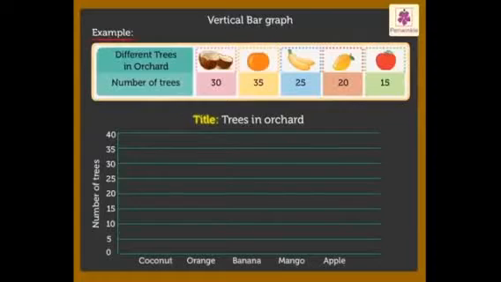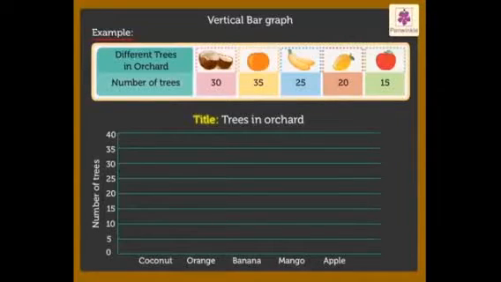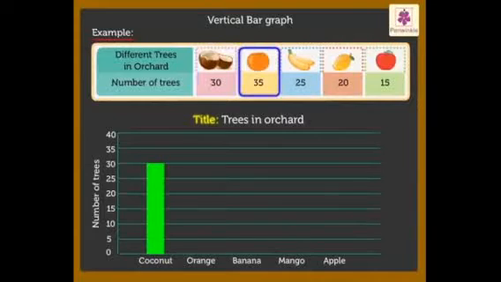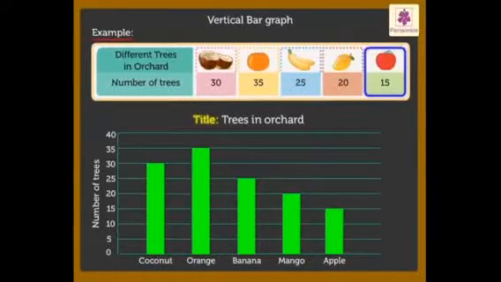Mark the labels on the horizontal axis. The labels represent the objects, etc. Step 5. Draw columns of same width according to the data. Look, we have drawn a vertical bar graph.